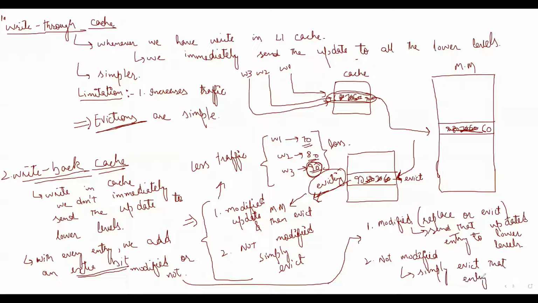So you can see the difference between write through cache and write back cache is that in write through cache, whenever we have an update, we will immediately update the lower levels as well. However, in the write back cache, the updates are sent to the lower levels only at the time of eviction.